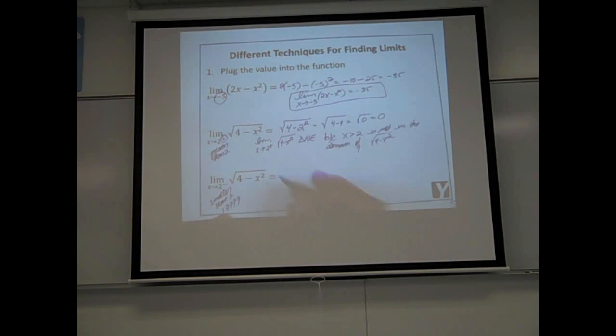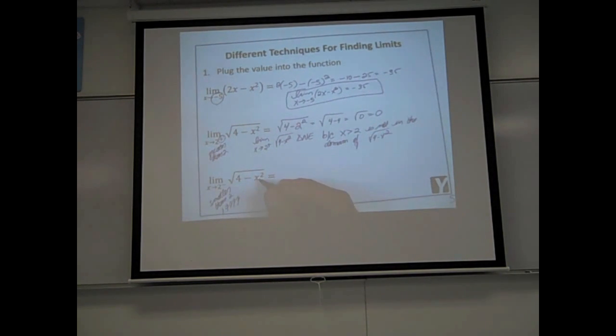If I evaluate this function at a number just smaller than 2, a number just smaller than 2 gets squared, well, that means it's just smaller than 4. Positive 4 minus something smaller than positive 4 will be very close to 0, but it'll be greater than 0, and the square root of that will be very close to 0.